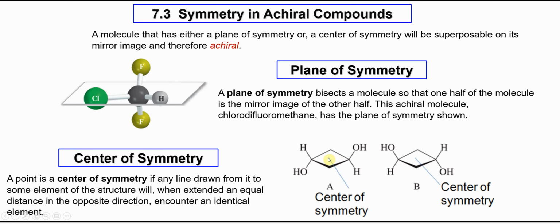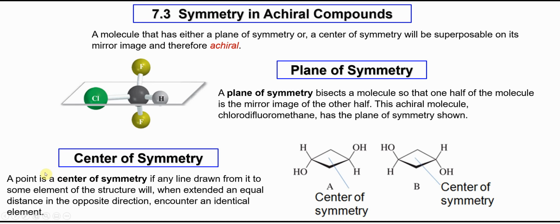I'm going to draw a line from this center towards my right to this carbon, and also draw from the center to the opposite carbon. What you are going to find is that the distances will be equal. Therefore, you are going to have a center of symmetry.